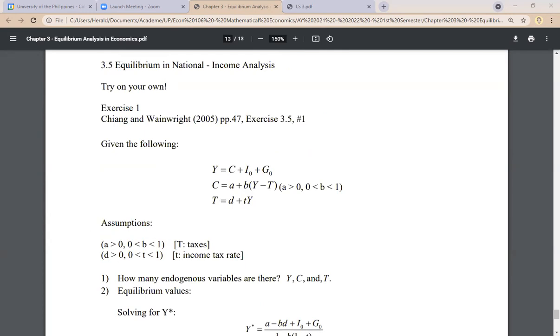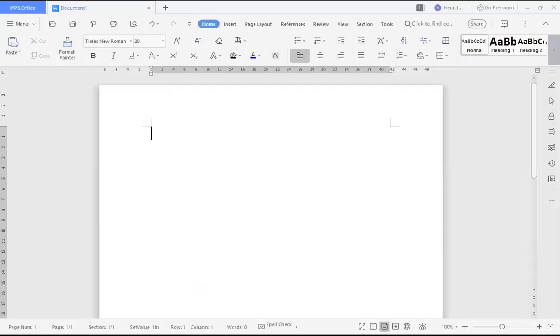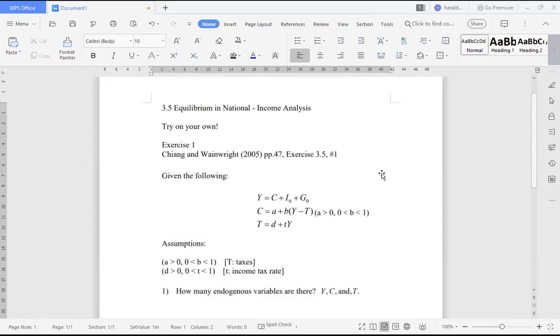Okay. So let's start again. For those who, again, want to follow me, class, let me show how to solve it. Now, we are trying to solve Y star here. First thing to do is, again, to check on the model. What are our exogenous variables, and what are our endogenous variables, what we are trying to solve?